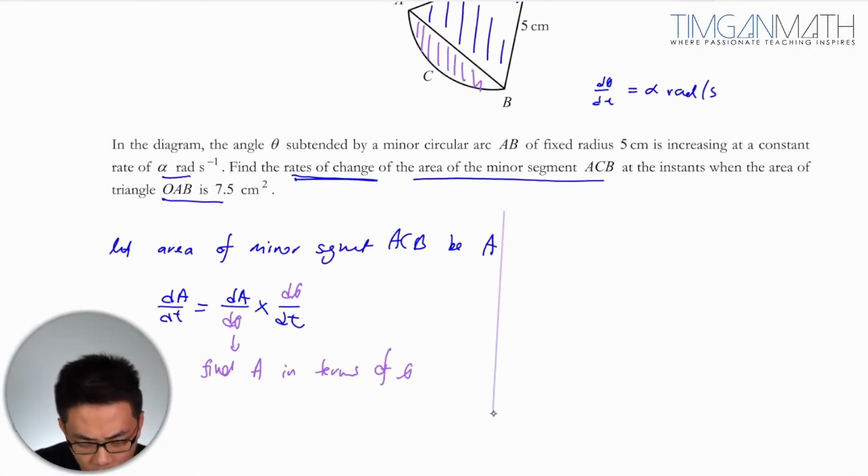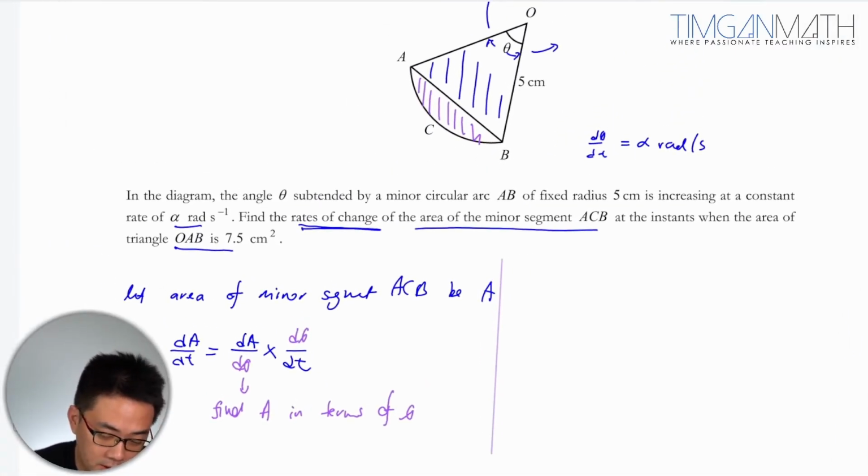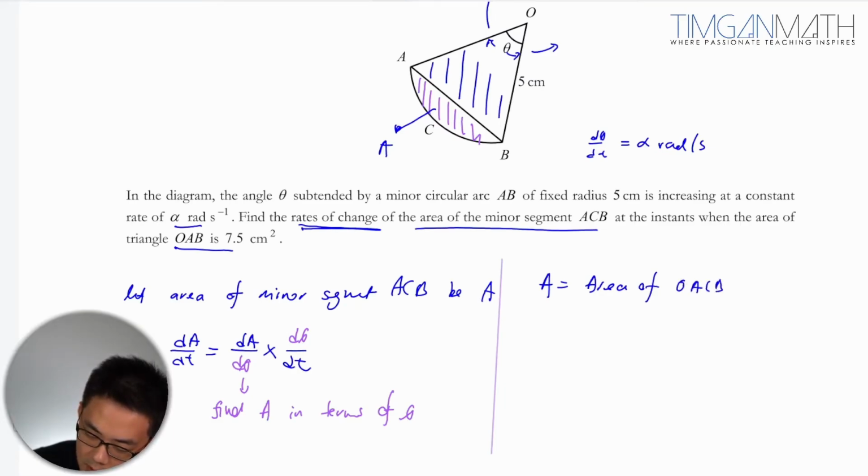Just a geometrical problem. A is the area of sector OACB minus the area of triangle OAB.